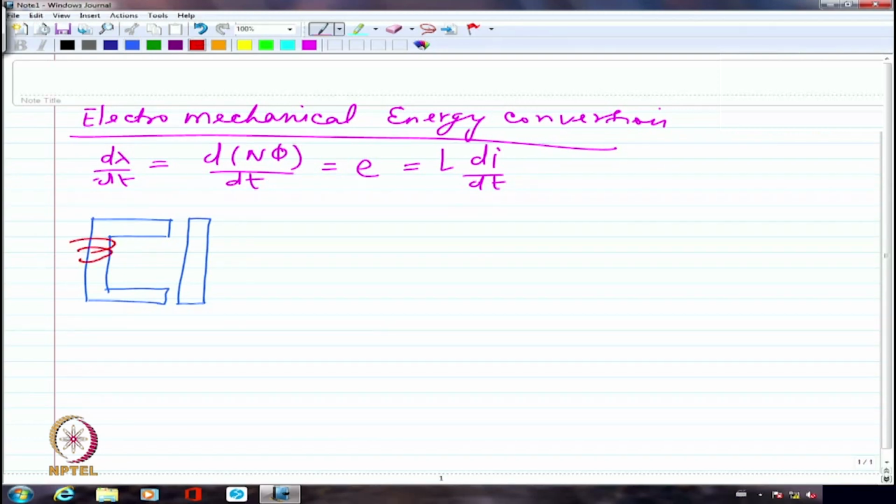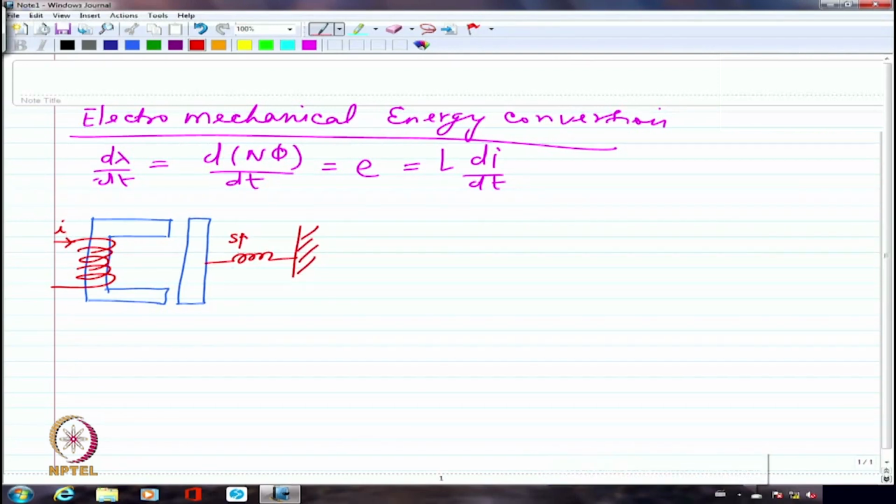So, let us say I have a coil, and if I have a sufficient current flowing through this, then the electromagnetic force that is created is going to be quite strong enough, and it will go against whatever is the spring action I may have here. So, I am showing a spring which is attached to a frame.